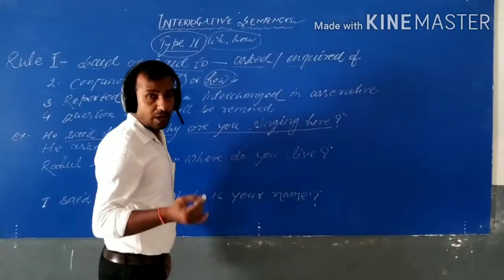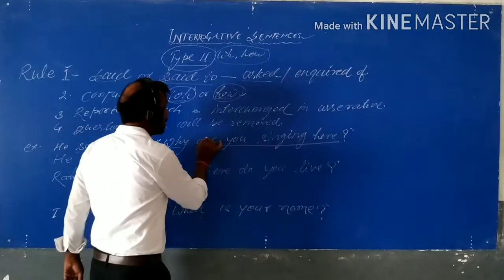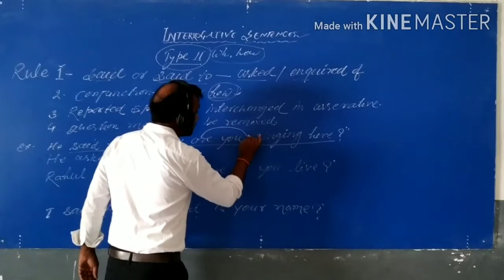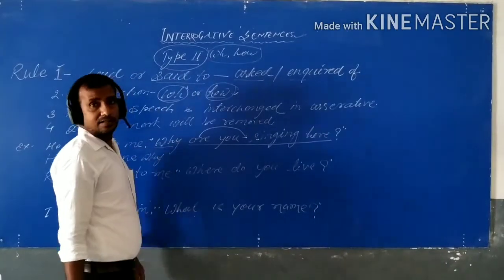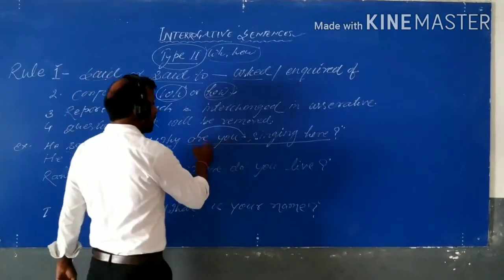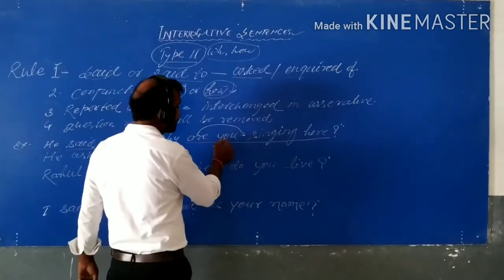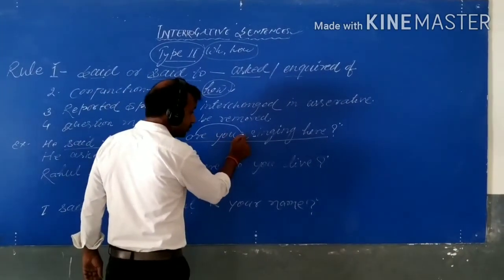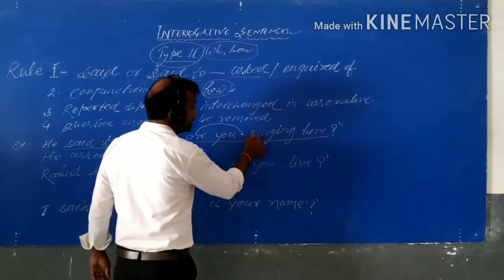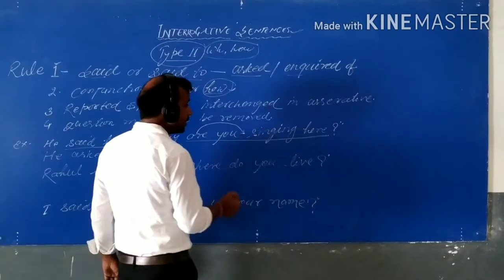You know how we change into assertive: just put the auxiliary beside the subject. So the subject will be "you" and "are" used here. So you are singing here.